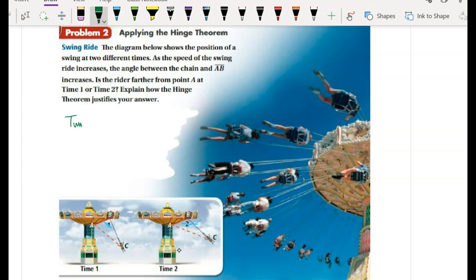So I know that the rider is going to be further away at time 2 because of the hinge theorem, because AB stays the same and BC stays the same. So the only thing that changes is my angle. And as my angle changes, you'll notice my distance from A to C gets longer.